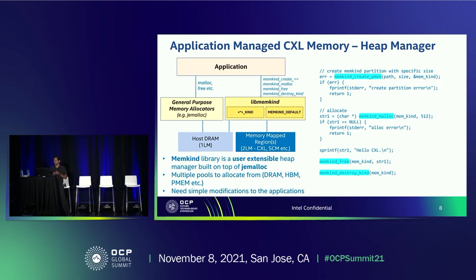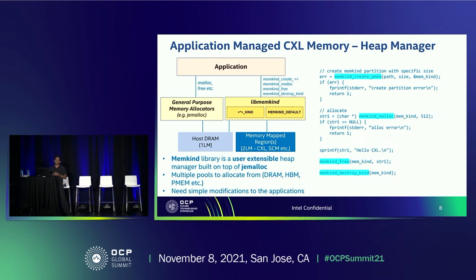If you look at memkind, it actually has its own set of APIs. First and foremost, you have to create whatever memory you have in the platform using the memkind create call. In this case, I'm showing pmem because we just don't have the CXL constructs yet in the library. But pmem can manage the DAX device also, so the demo will work irrespective.